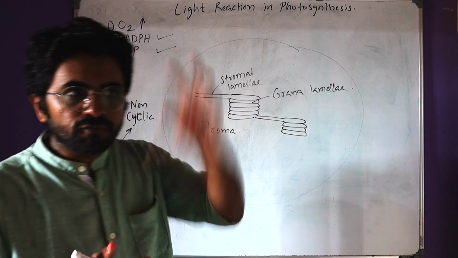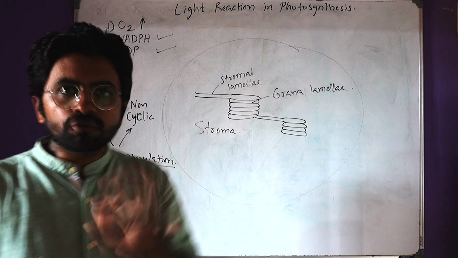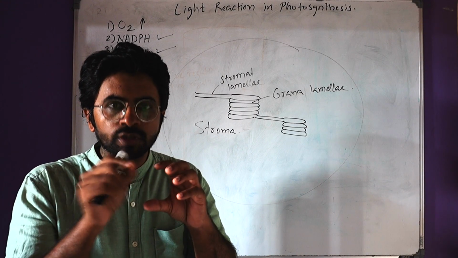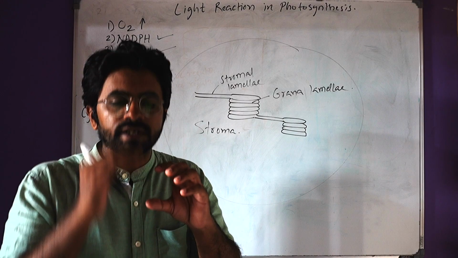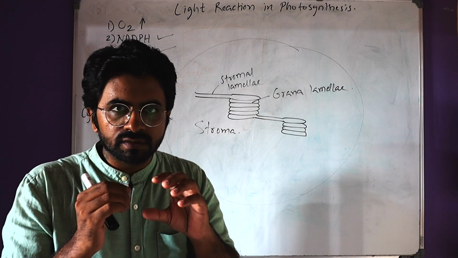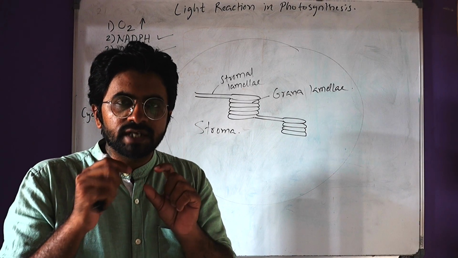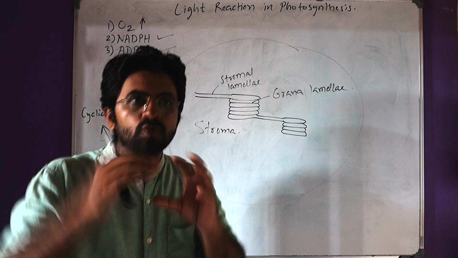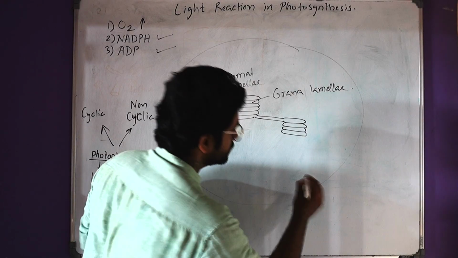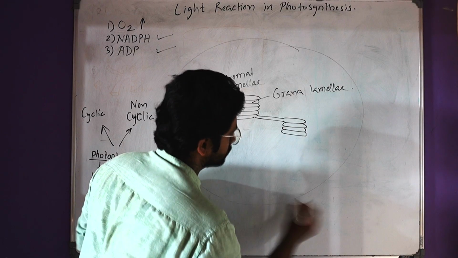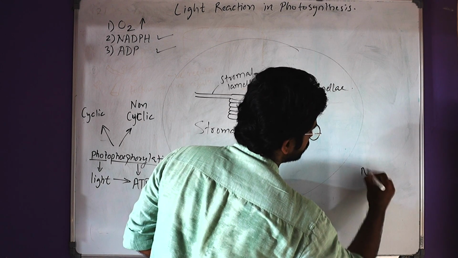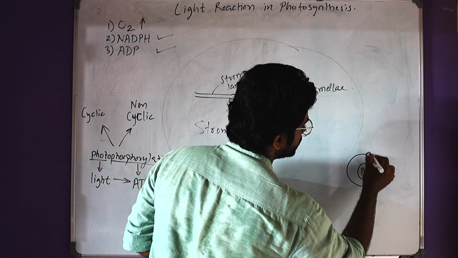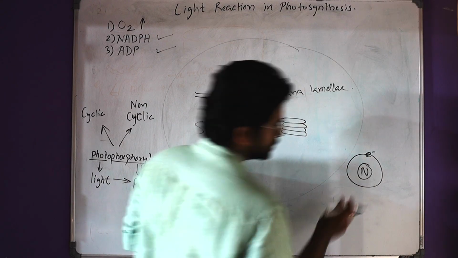So when the light falls on those pigments, known as photosynthetic pigments, the electron in their ground state reaches the excited state, the outermost shell. So suppose, I am drawing it here, there is a nucleus of an atom and here is the electron. This is the ground state.